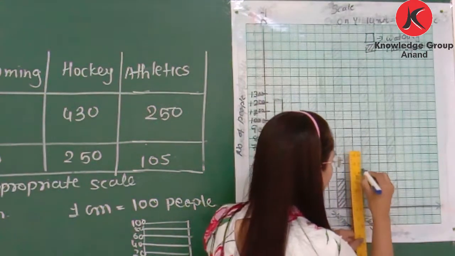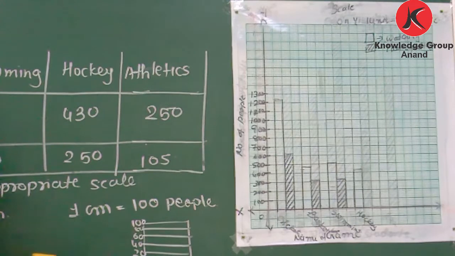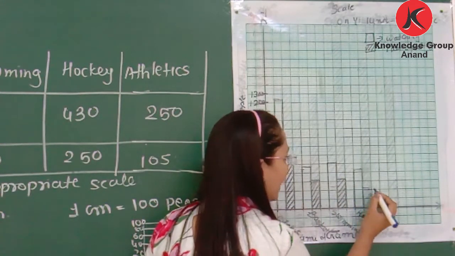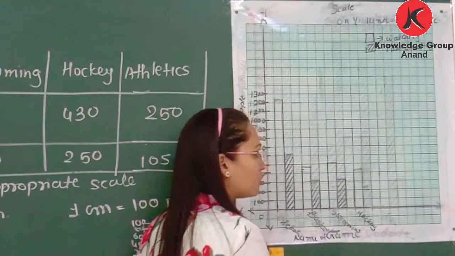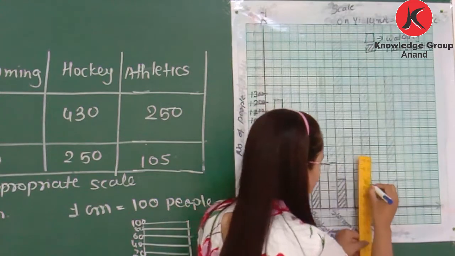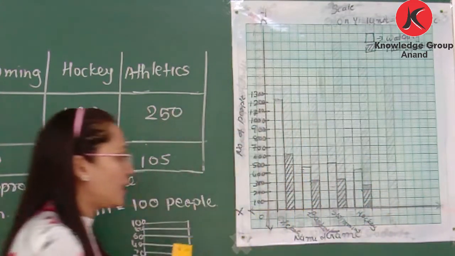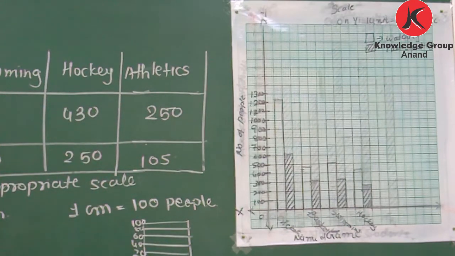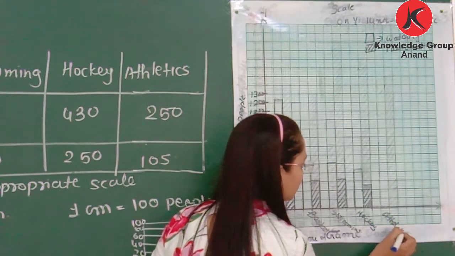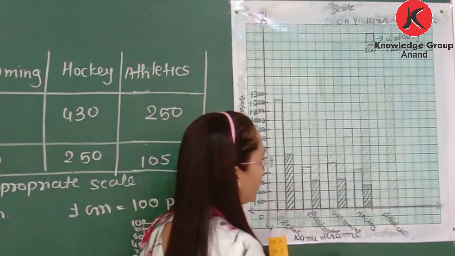So we will draw a graph. Then 250: after 200, one line is 220, the second line is 240, and half a line represents 250. So this is the graph for swimming and hockey, and then athletics. In athletics 250 people are watching.